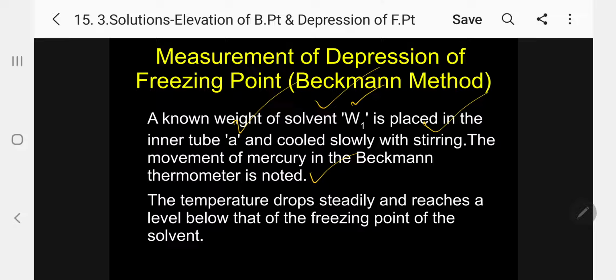When the mercury is coming down slightly, you just knock the thermometer and it will break. That level, you note as a reading. It is the freezing point of the pure solvent. Now, the temperature drops steadily when you are cooling and reaches a level below the freezing point of the solvent.